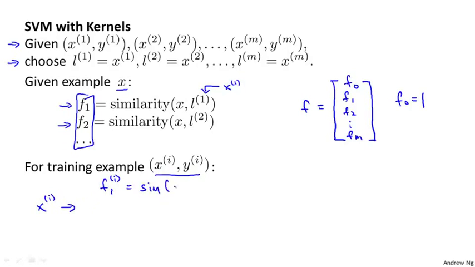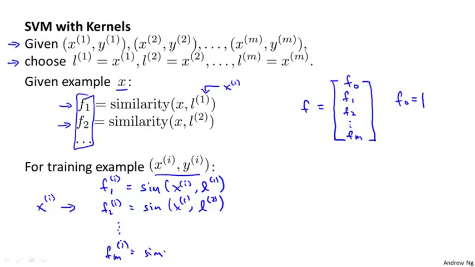I'm going to abbreviate it as SIM instead of writing out the whole word similarity. f2i equals the similarity between xi and L2, and so on down to fmi equals the similarity between xi and Lm.